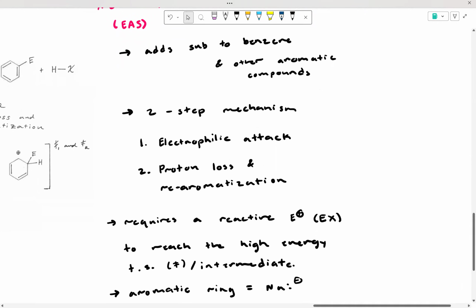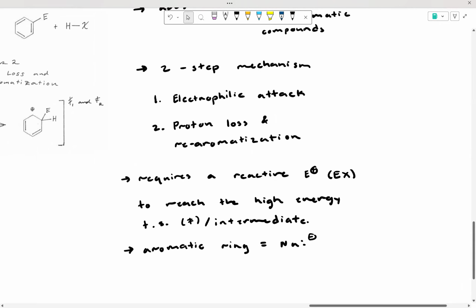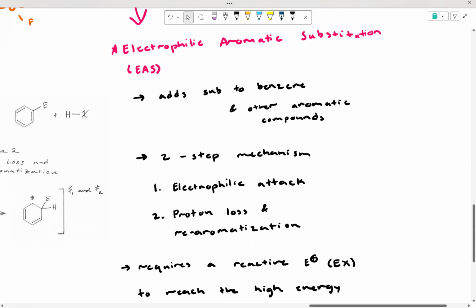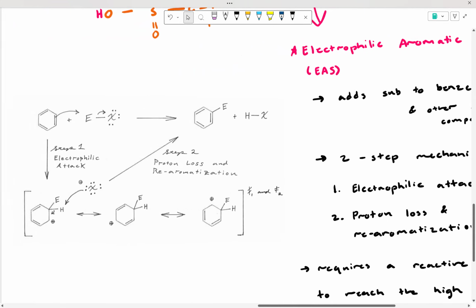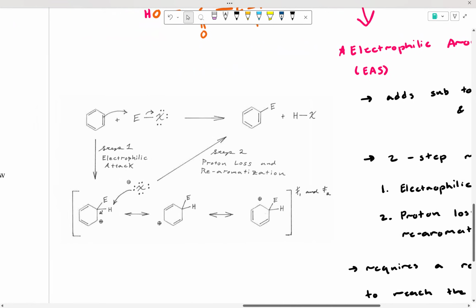Yes, you need 4n+2 electrons, cyclic, planar, conjugated. Beautiful. It requires a reactive electrophile to reach the high energy transition state or intermediate, and this means the aromatic ring is the nucleophile. And I took this from the lecture, so you can just look at it.